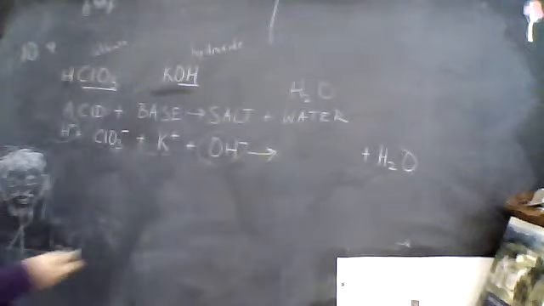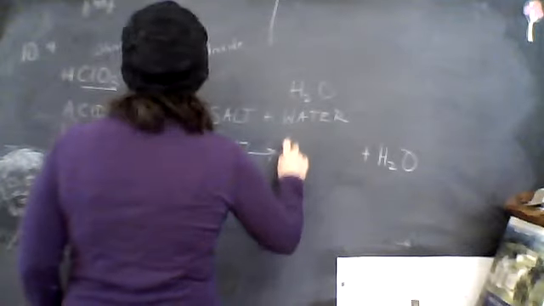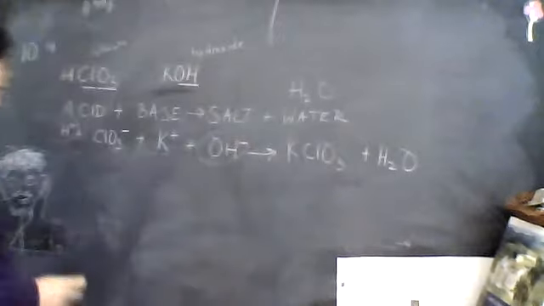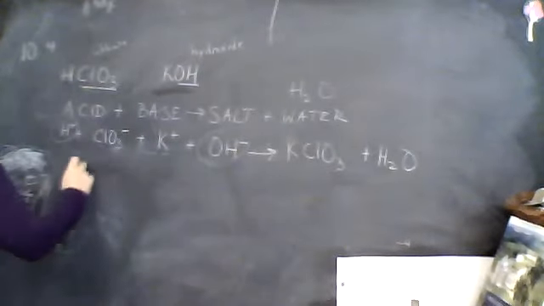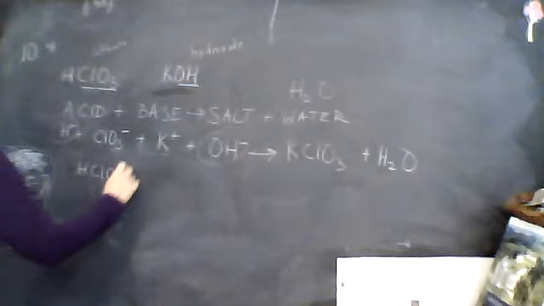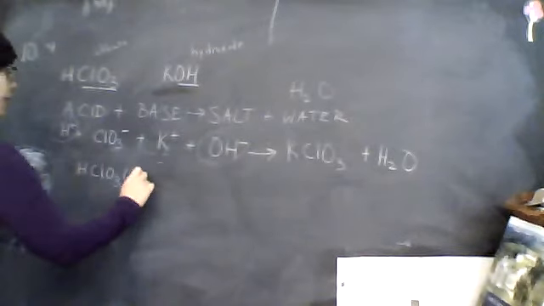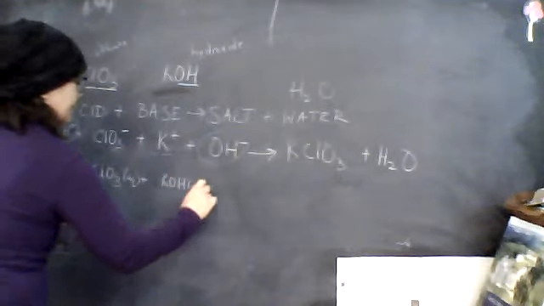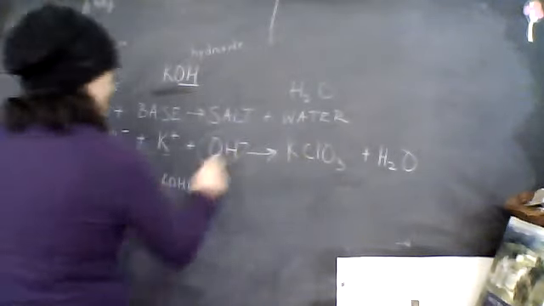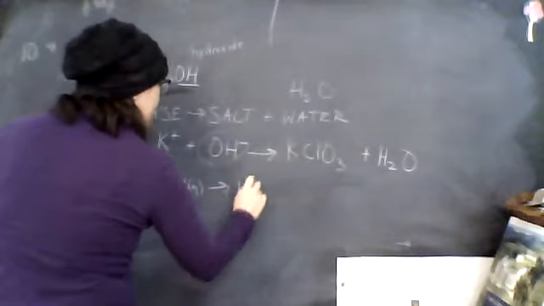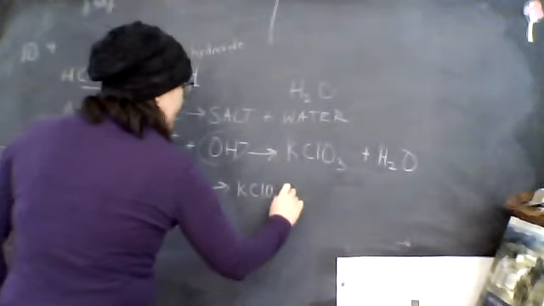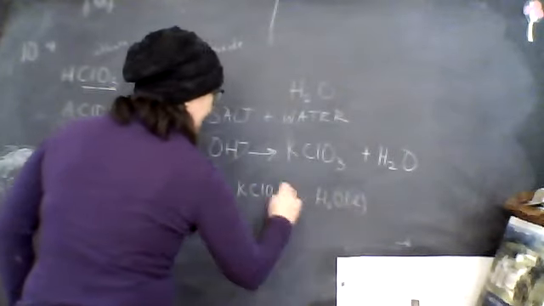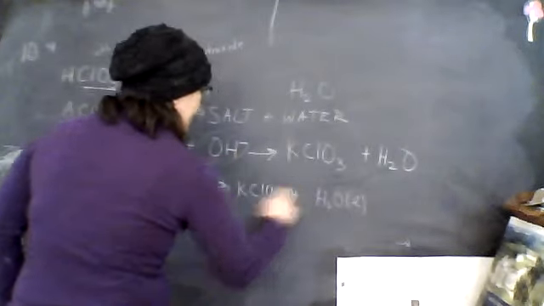No, it works out because they're just all single elements. So our correct answer is HClO3 aqueous plus KOH aqueous yields KClO3 plus H2O. And this is going to be liquid, and this will be in the water.